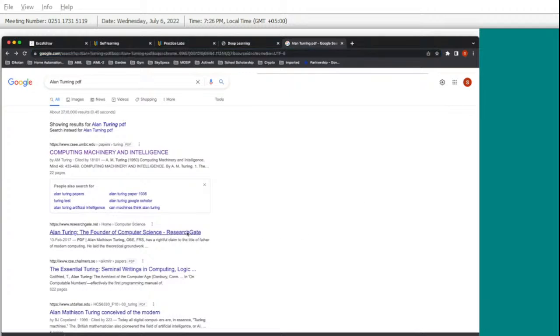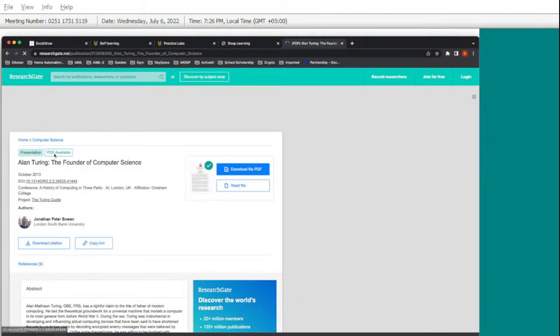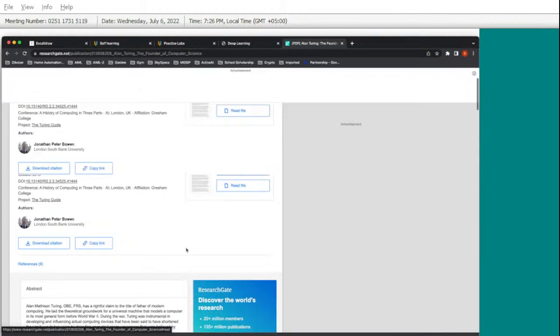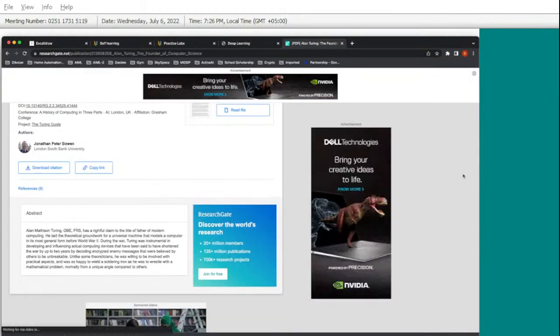There is also a ResearchGate. We can actually go to archives. Archives will also have the PDF available. Download file as PDF. So I'm just putting this. This is one of those links from the 1950 paper of the imitation game.